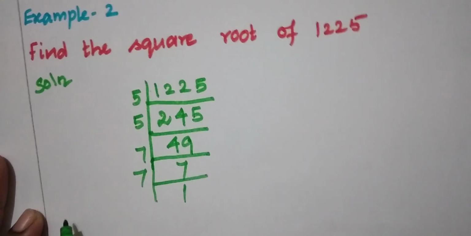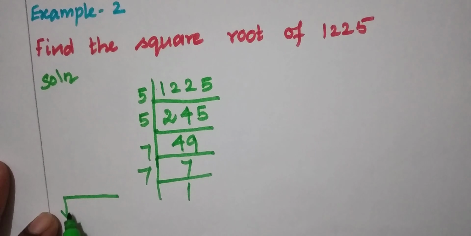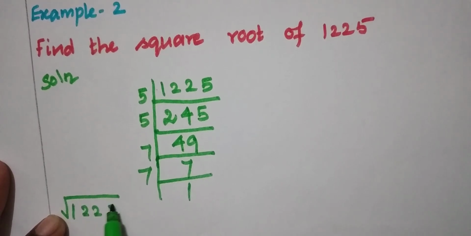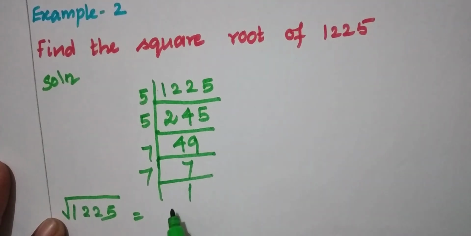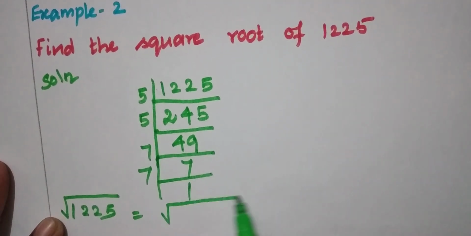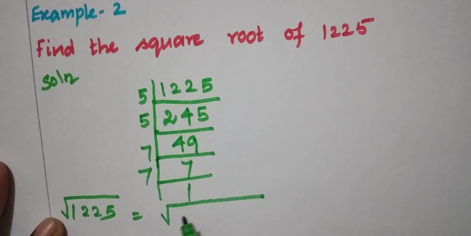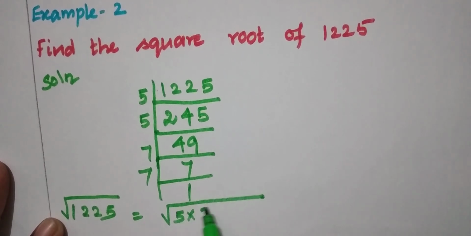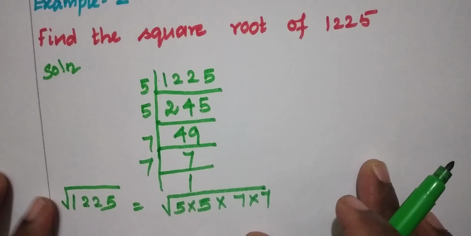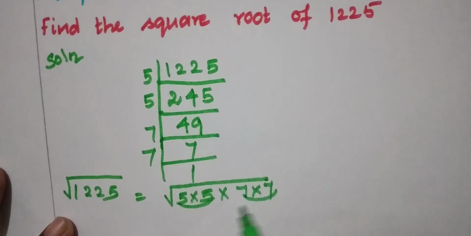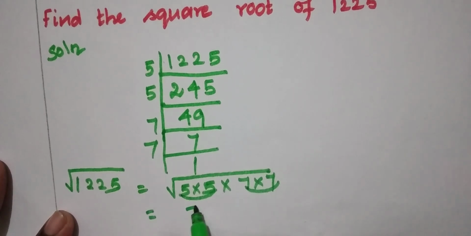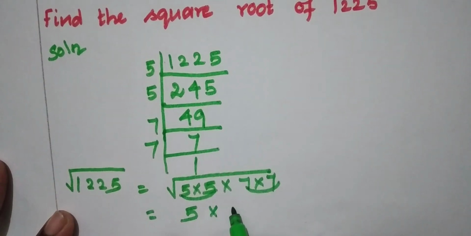So square root of 1225 is equal to 2 times of 5 and 2 times of 7. So inside the root, it is very important, children, 2 times of 5 and 2 times of 7. Now from each pair, select one prime factor outside, which is equal to 5 and 7.